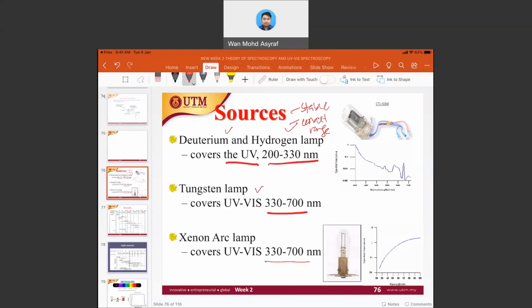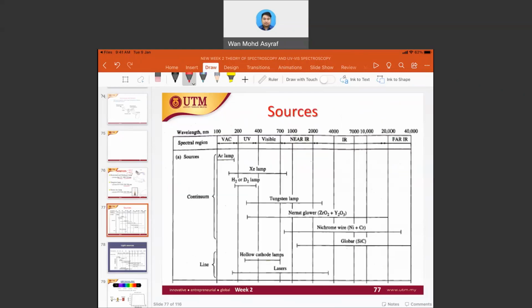For these slides, you can see that we have a lot of lamps that correspond to the wavelength. In this case, we have documented it for you to be able to choose whichever lamp you deem suitable for your analytes.